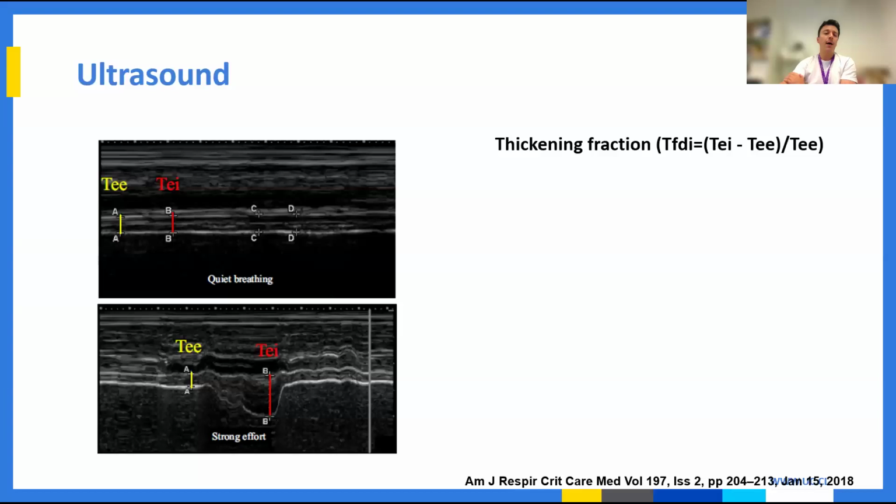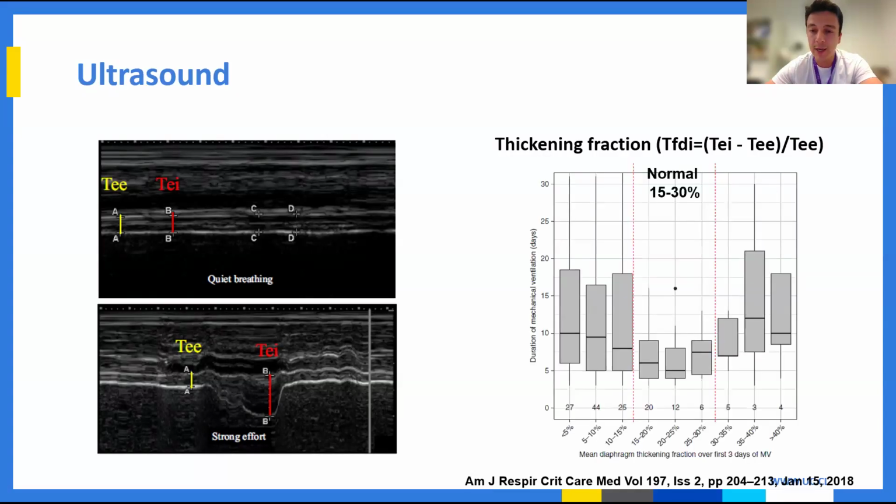More techniques: more and more people are using ultrasound to measure diaphragm activation, diaphragm structure. There is one measurement, an index, the thickening fraction, that can be really well associated even with some outcomes. There's a nice study showing that you need a normal thickening fraction between 15 and 30%.